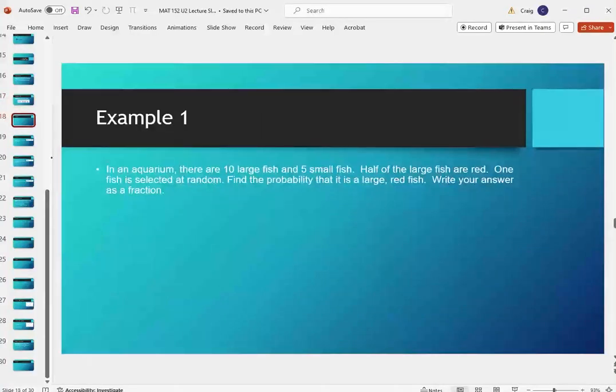First, let's talk about a compound event. In an aquarium, there are 10 large fish, and there are 5 small fish. Half of the large fish are red, so there are 5 red large fish. We're going to randomly select one fish.